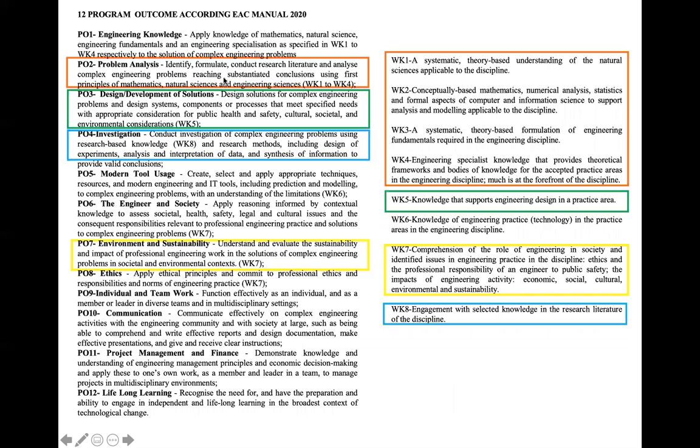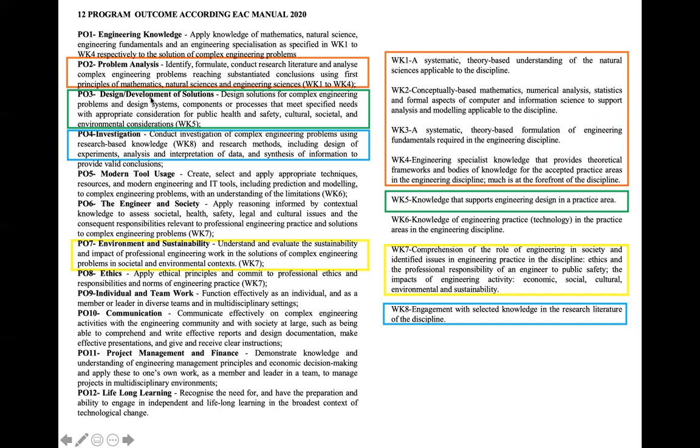If you refer to the EAC manual 2020, we are learning how to analyze the problem, which links to WK1, WK2, WK3, and WK4. It teaches you how to use the formulas and the basic knowledge to apply it and analyze.